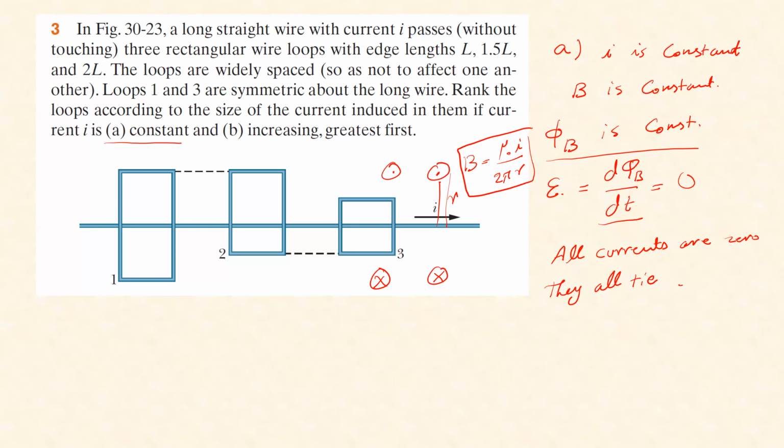Remember, this was the magnetic field of a wire. So the closer you are, the larger the magnetic field, the farther you go, the smaller the magnetic field. But also it is coming out in here and going in here.